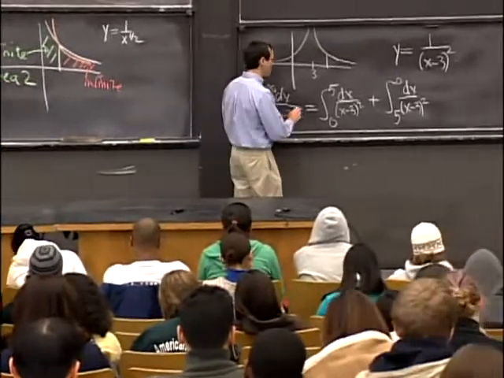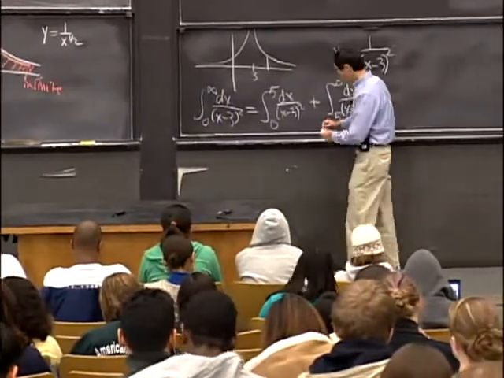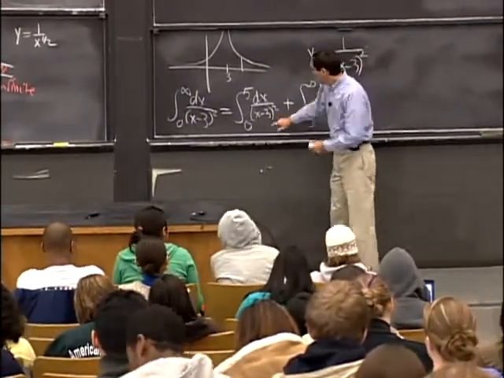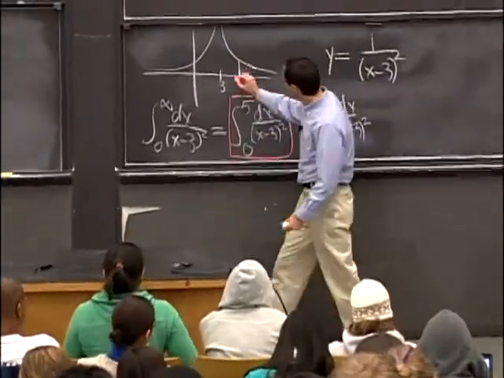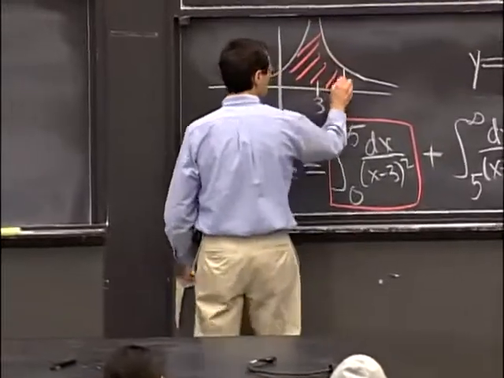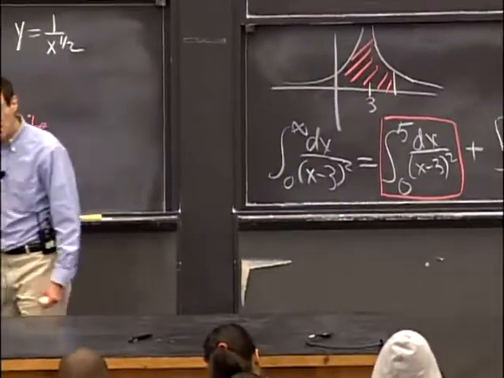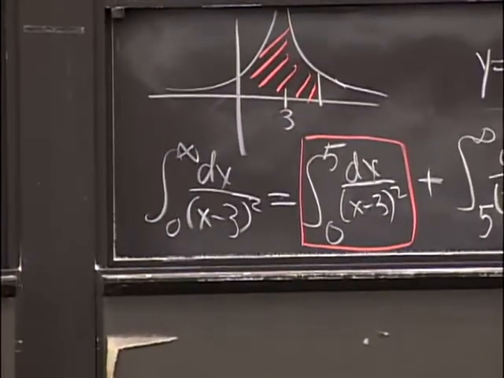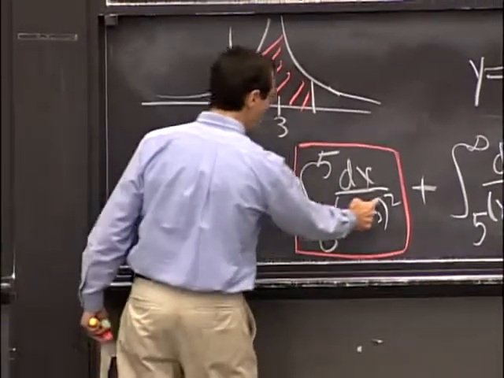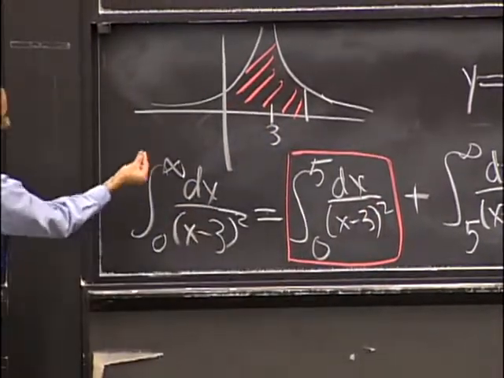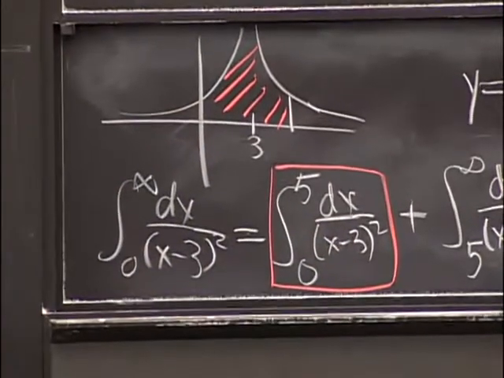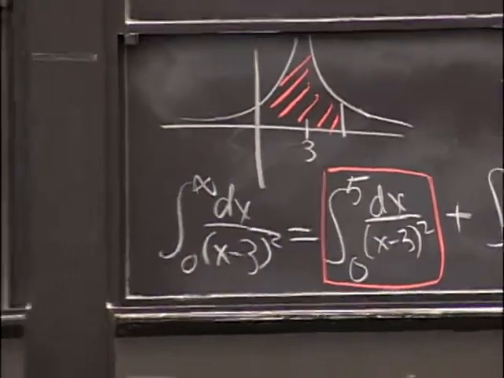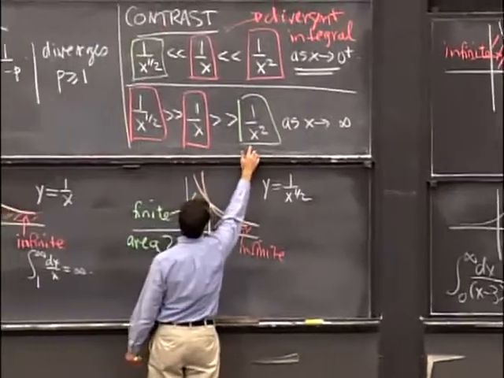What you'll discover is that this one here, which corresponds to this piece here, is infinite. And it's infinite because there's a square in the denominator, and as x goes to 3, this is very much like, if we shifted the 3 to 0, very much like this 1 over x squared here, but not in this context.